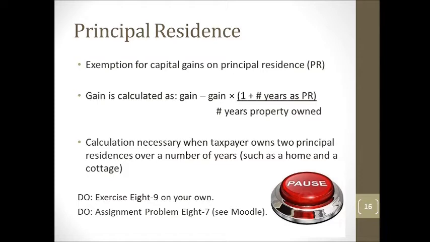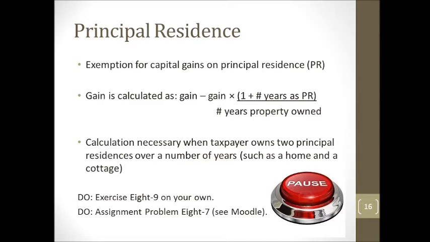Let's say when Elsie retires, she decides to sell both properties and move in with her daughter. If there is a capital gain on the disposition of both properties, Elsie should then calculate the average capital gain per year on each property.